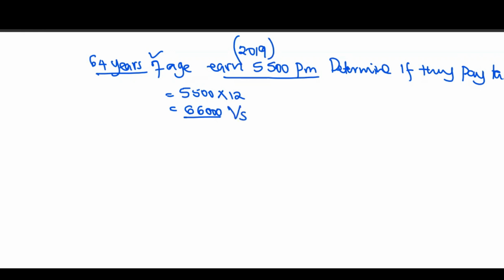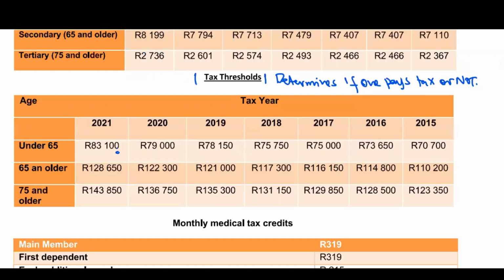The person is 64 years of age. So when we come to the table, we shall see we are here, 64 years of age. So I'm looking at that number, because the person got 66,000. So this number is below the threshold. The person does not pay tax.